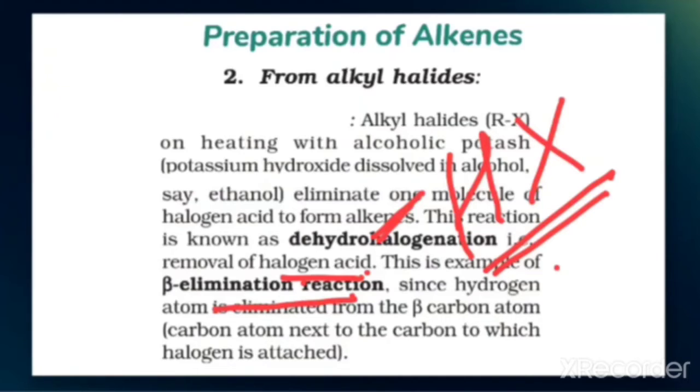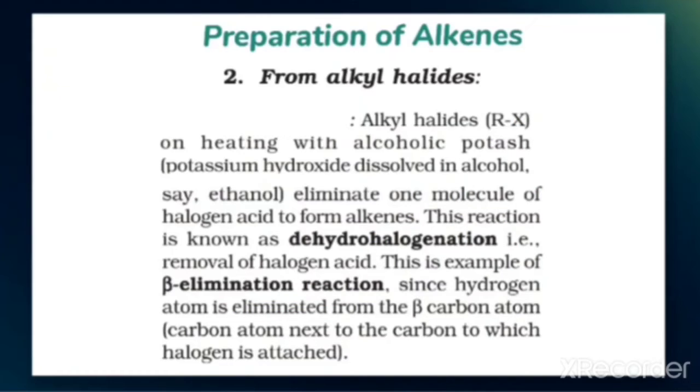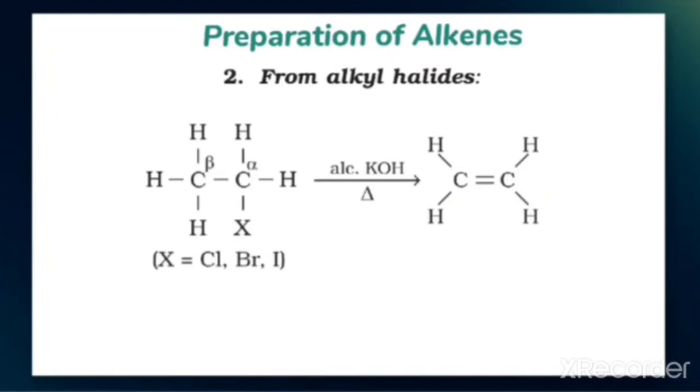And this is called a beta elimination reaction, because here there is a removal of beta hydrogen from the beta carbon. We'll discuss what this beta hydrogen is. So first let us take an example, this example.